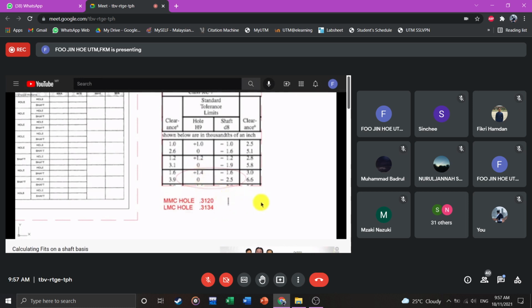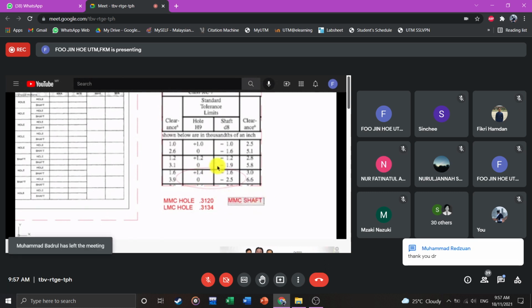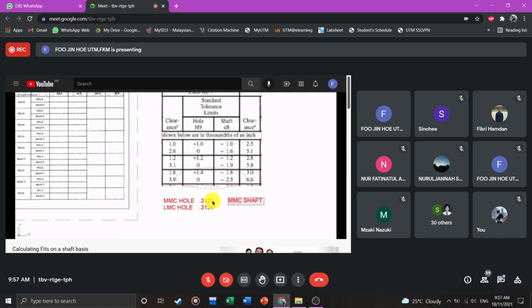Now I come over here, and we have MMC for the shaft. MMC for the shaft is going to be nominal size minus 1.6. We subtract 1.6 from this, and we end up with 0.3104. That's the max material condition size of the shaft.